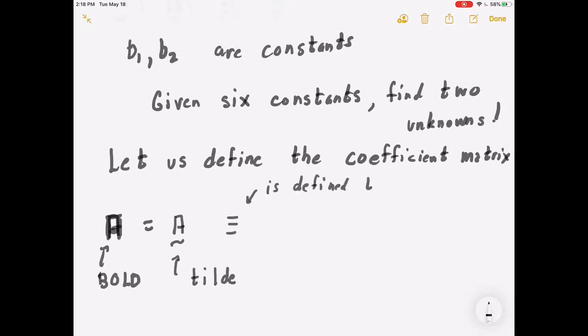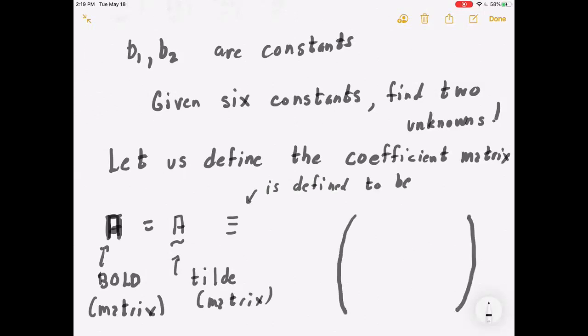And I'm defining what I call, so these are matrices. This is the name of a matrix. But now I need to tell you what the matrix actually is. The convention is to put it in parentheses, and it consists of objects called A11, A12, A21, and A22.